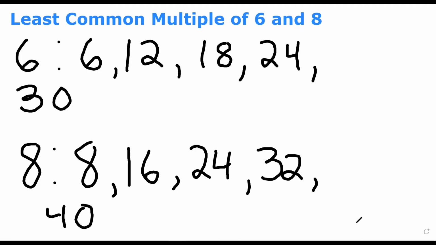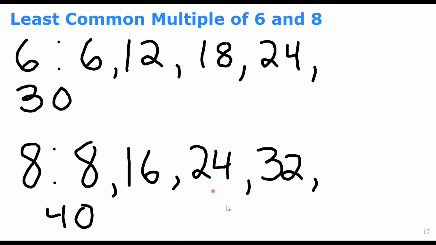So now we have created a list of multiples for each of these numbers. And we can see if we can find a multiple that the two numbers have in common. If not, then we can continue writing more multiples until we find a number that they have in common. So it looks like we have already found one. The number 24 is both a multiple of the number 6 as well as a multiple of the number 8.